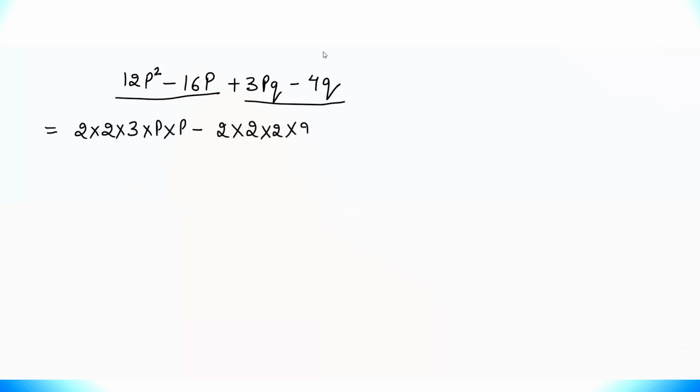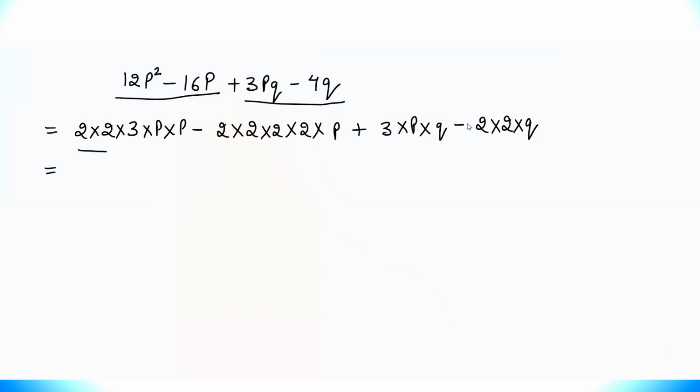In this question also, we can see 4 terms. So what we will do, we will take this as a first group and this as a second group. So first we will write 12 as 2 into 2 into 3, p square as p into p, 16 as 2 into 2 into 2 into 2 into p, then plus 3 into p into q minus 4 can be written as 2 into 2 into q.